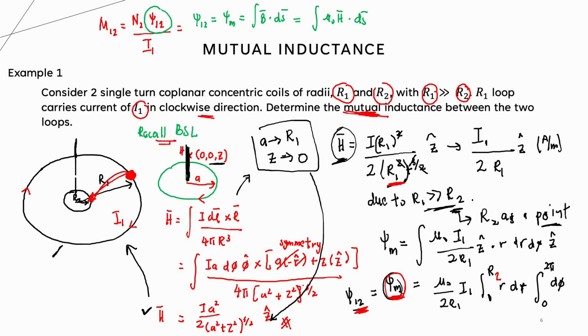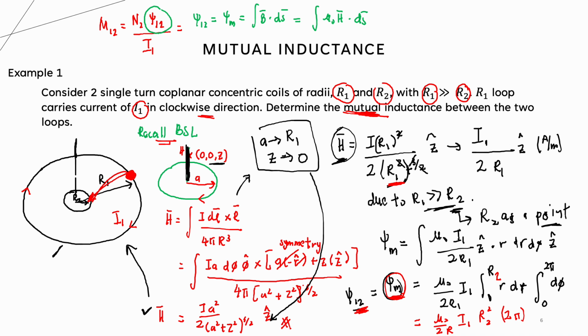From here we obtain the value of psi m, the linkage, which equals mu naught over 2 R1, I1, R2 squared, and 2 pi.